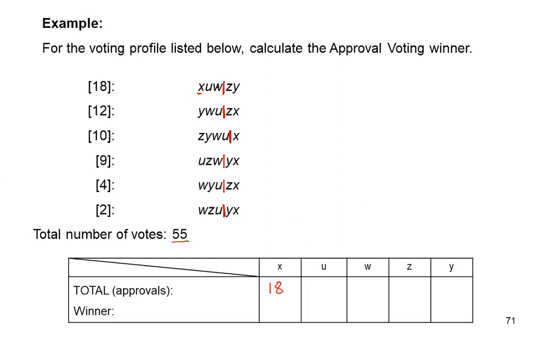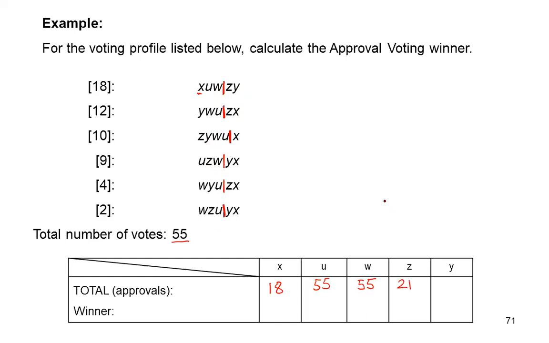U approved, well, 55. W approved, well, again, 55. And Z, well, Z is disapproved by some voters. So approved by 10 here, and 19, and 21 approvals.